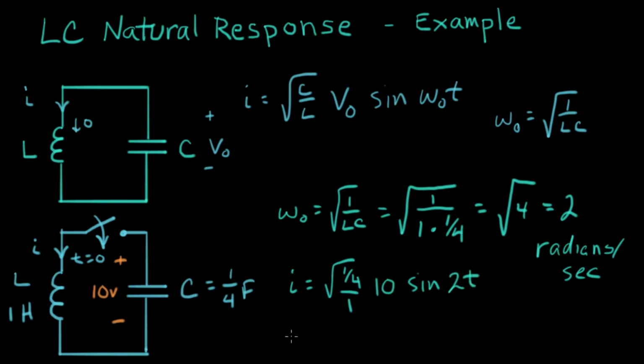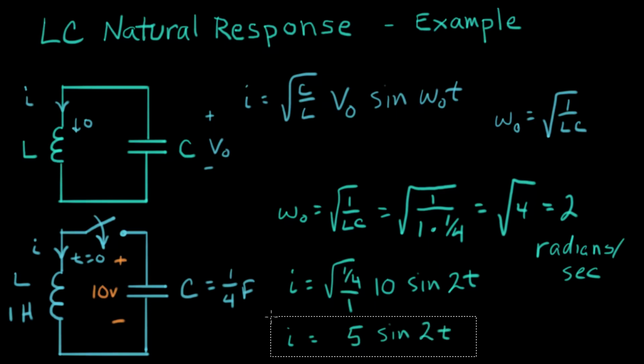And finally, I equals, this is the square root of 1/4 or 1/2. So that's 1/2 times 10 is 5. I equals 5 sine 2t.